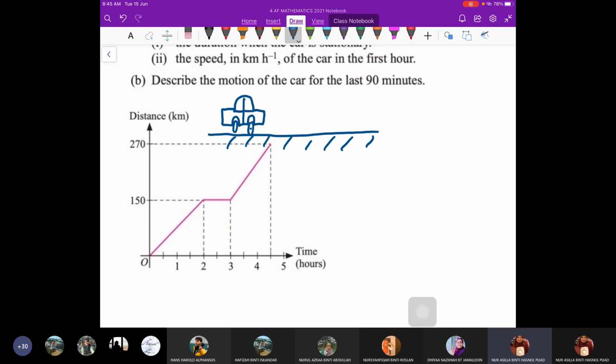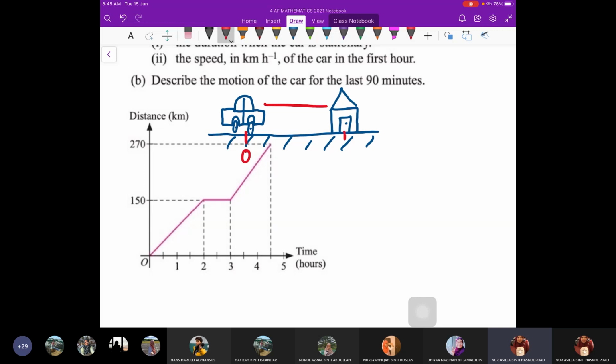Saya tak berapa suka sangat melukis. Okay, so kereta ni dan dia bergerak. Saya kena buatlah ni tempat rehat dia. So kereta ni bergerak. So ini adalah point O. Okay, dia gerak.